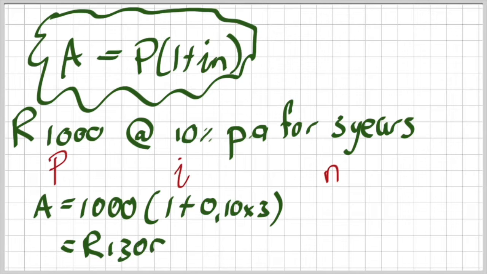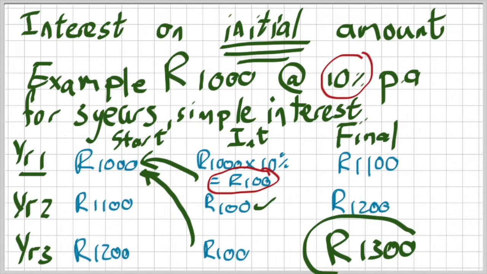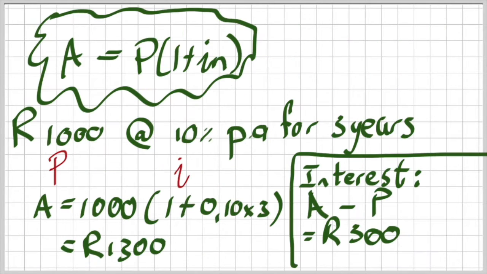If I plonk this in my calculator, I've got 1,300 Rand. But wait, sir, that's exactly the same amount as I got right at the beginning, okay? So doing the first method or the second method, the same thing. So how much interest did I earn? Now that, ladies and gentlemen, you see in that little block in the corner.